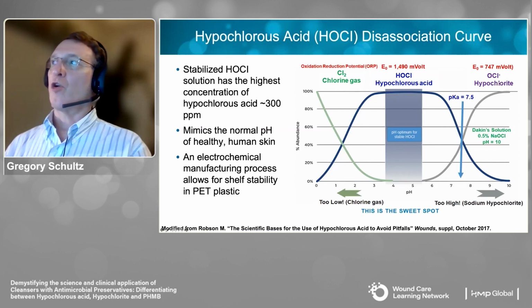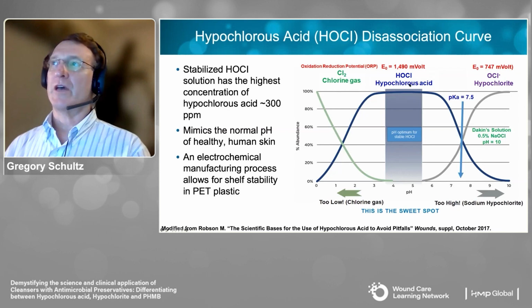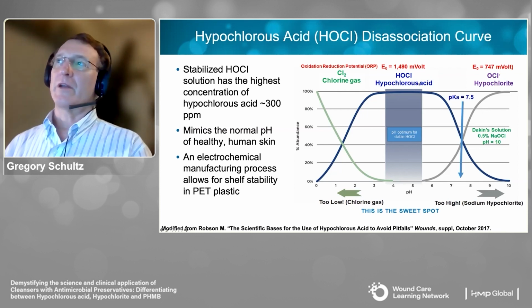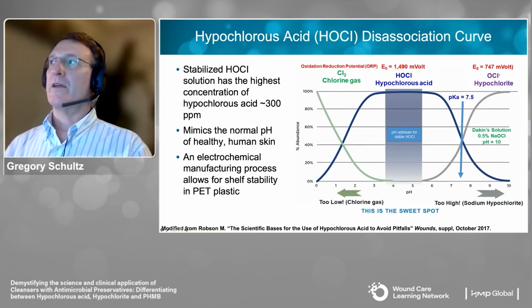Now, hypochlorite has much lower oxidative potential than hypochlorous acid. Biochemically, what that means is the hypochlorous acid is much more effective at engulfing and killing bacteria than the deprotonated hypochlorite anion.